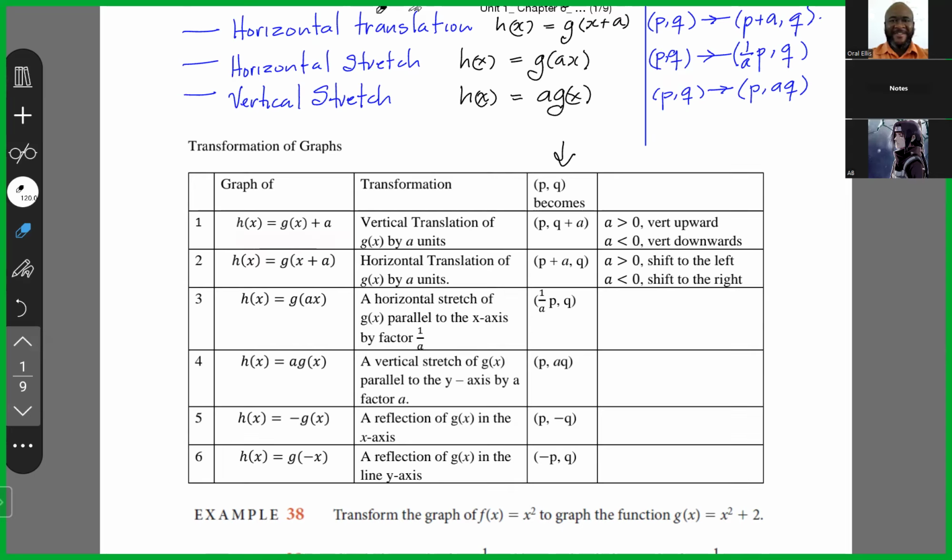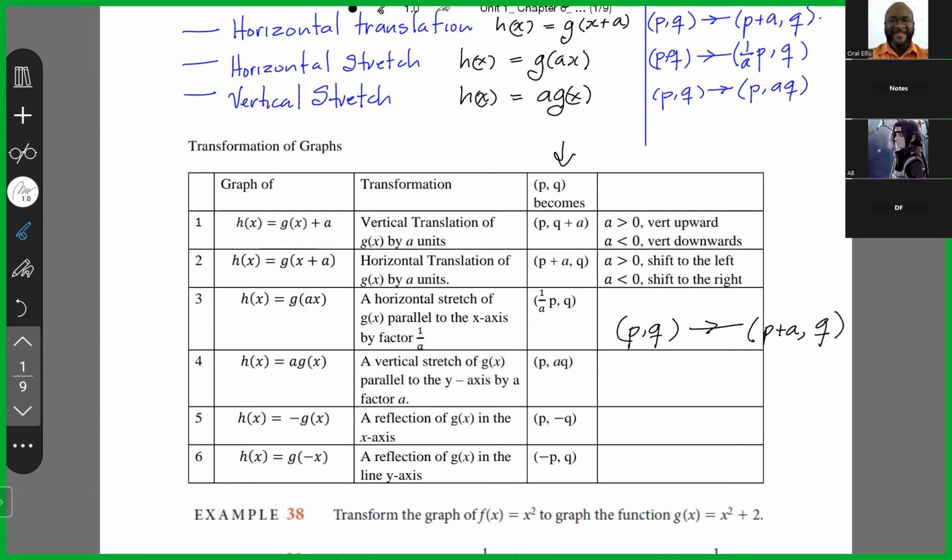Now, what happens to the point P, Q in a horizontal translation? In a horizontal translation, the point P, Q is going to become the point P plus a, comma, Q. In other words, the x-coordinate either increases or decreases by a, and the y-coordinate remains the same.